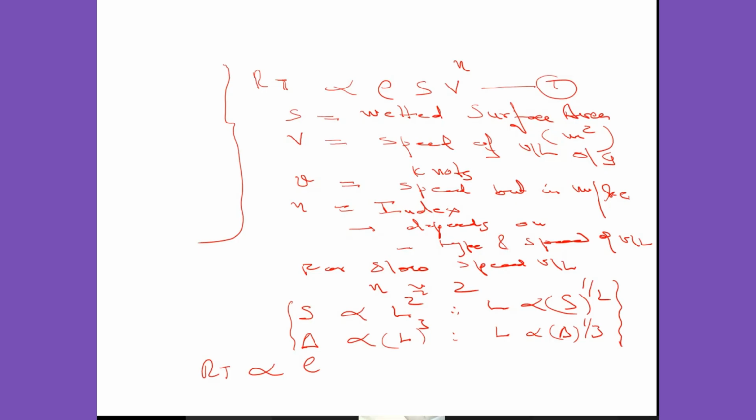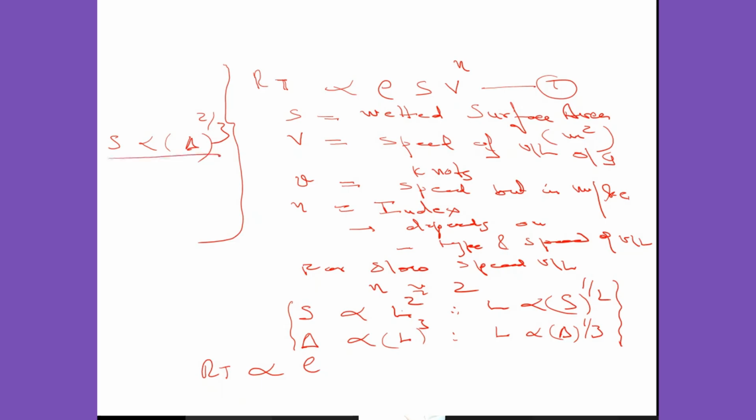If S is proportional to L square, and L is proportional to delta raised to power 1 by 3, I can also say S is proportional to delta, putting the value of this L here, delta raised to power 2 by 3. Correct? Because this is L square, and replacing L by delta, I can say delta raised to power 2 by 3.